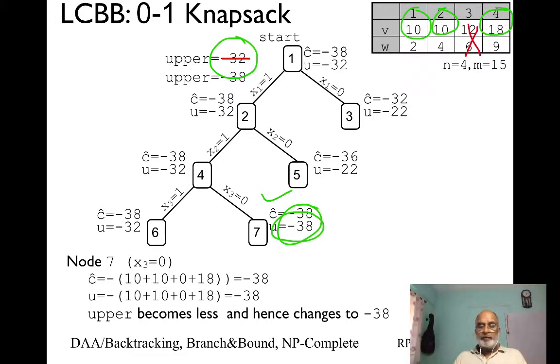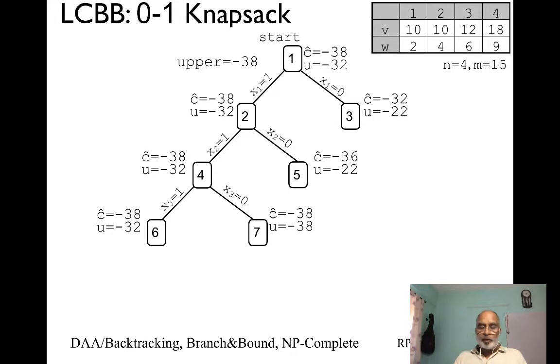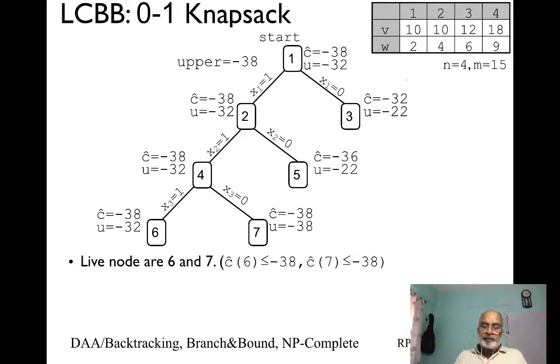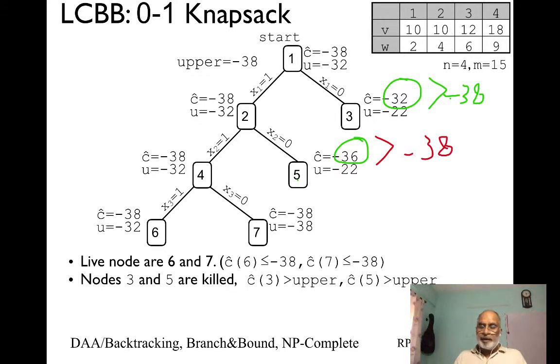So if you look at the node 3, node 3 cost is minus 32, which is greater than minus 38. Node 5 cost is minus 36, which is greater than minus 38, and that means there is no point considering this node 3 and 5, and thus we need to basically kill these two nodes.